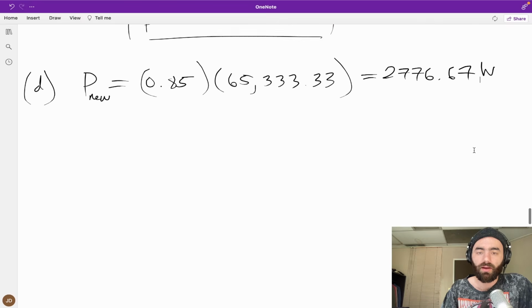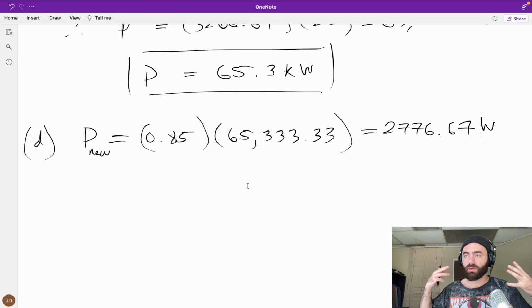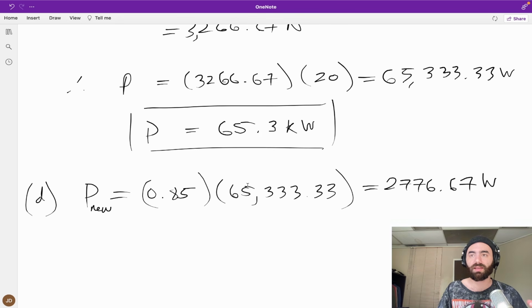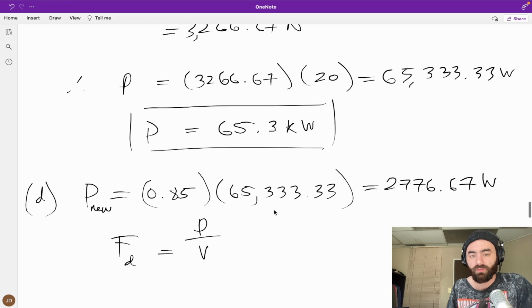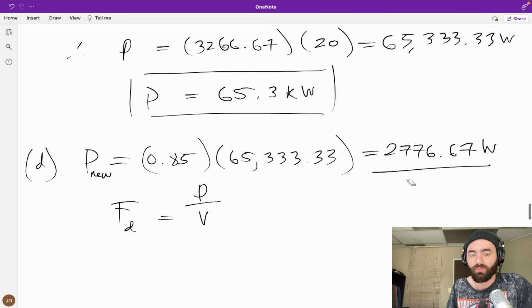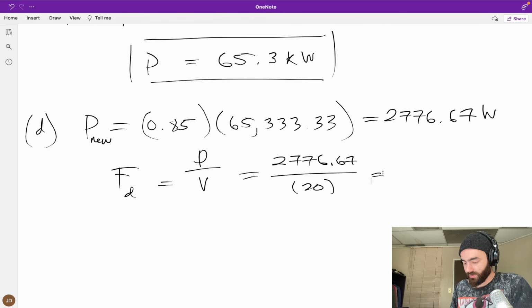How do we find that? The car is moving at a speed of 20 meters per second. Now the power is decreasing instantly, so the driving force is decreasing as well instantly. So let's find that new driving force. The new driving force will just equal the power over the velocity.